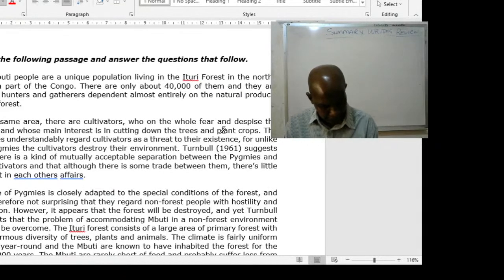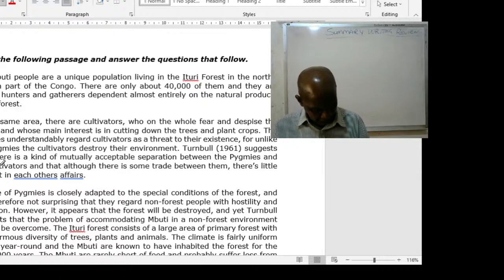And that is why I'm taking that as a point, that the cultivators are a danger to the existence of the pygmies. Then, in the same paragraph, to explain that point, you are told that the pygmies regard the cultivators as a threat to their existence. I hope you've seen that. That is now supporting our point that the cultivators are a danger to the existence of the pygmies.